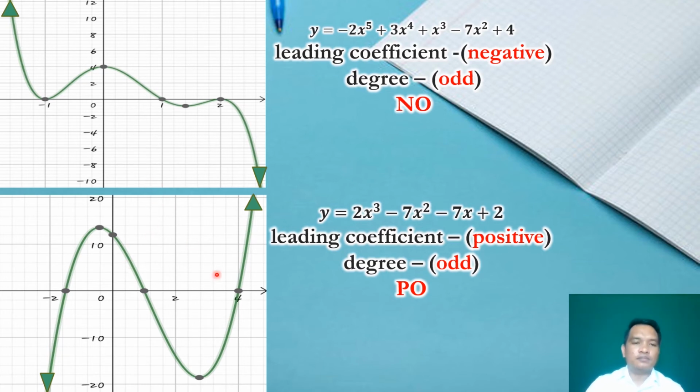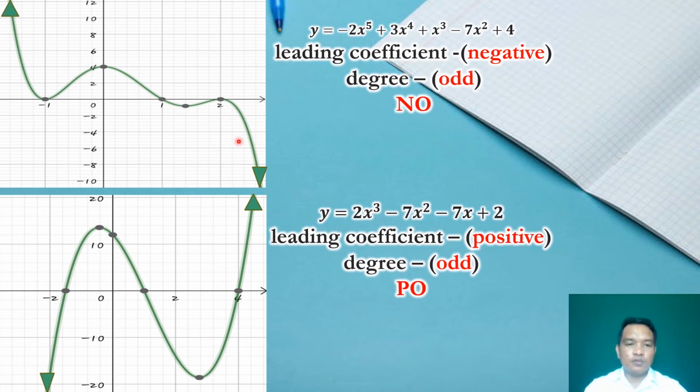Parang wala, no? So actually, yung behavior ng magkabilang end nila ang parehas sa kanila. So ito, parehas rising to the left and falling to the right. Ito naman, baliktad. Falling to the left and rising to the right. So, ibig sabihin, opposite lagi.